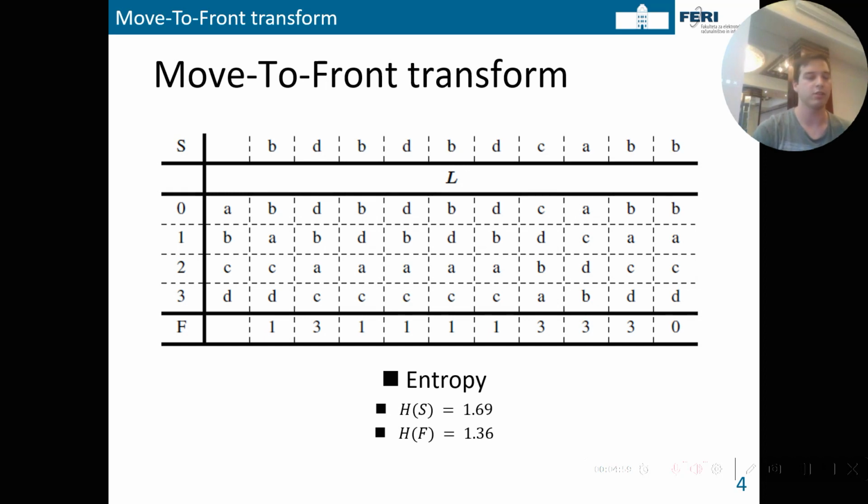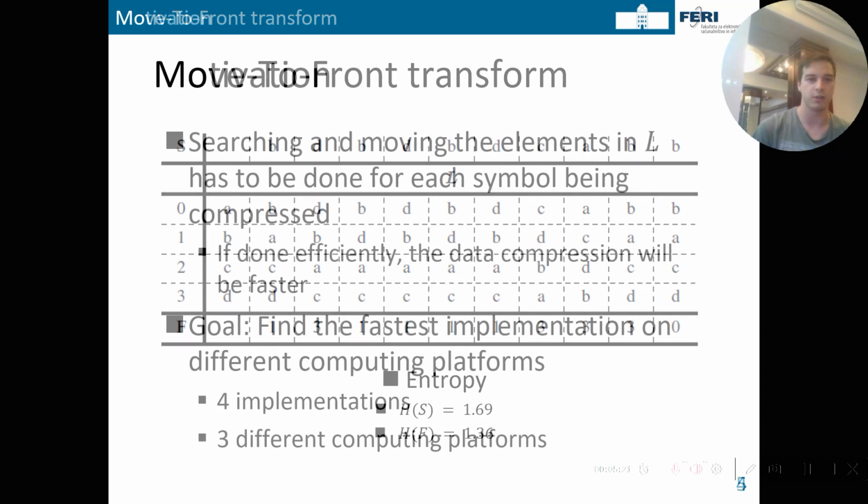So in the example, the entropy of the input stream S is 1.69, and the entropy of the output array F is 1.36, which is of course considerably lower, and this would help with the compression ratio.